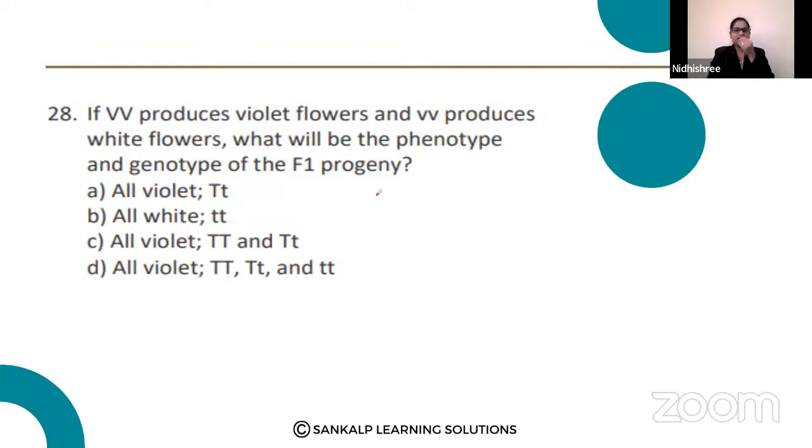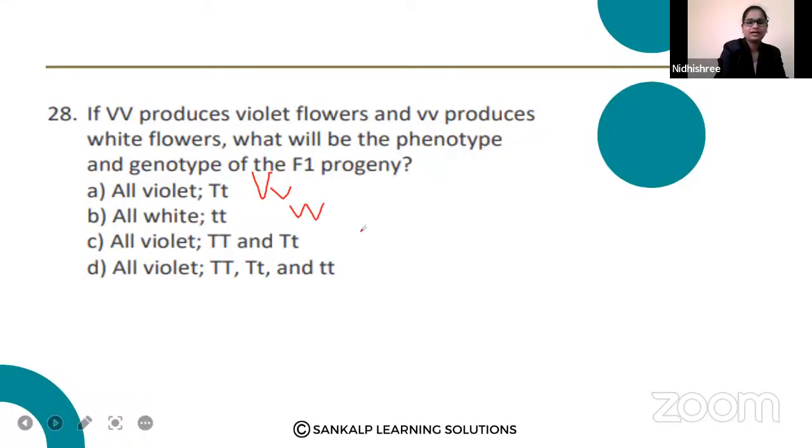Next, if capital letter VV produces violet flowers and small letter vv produces white flowers, what will be the phenotype and genotype of the F1 progeny? So it is not TT here, it is Vv here, heterozygous violet, and this is small letter vv here.